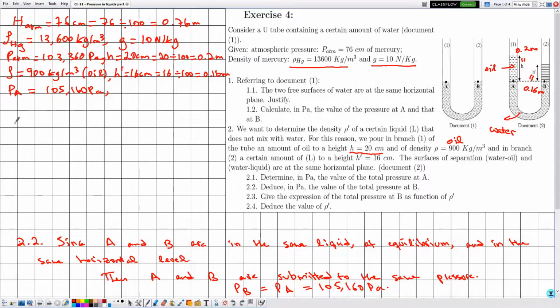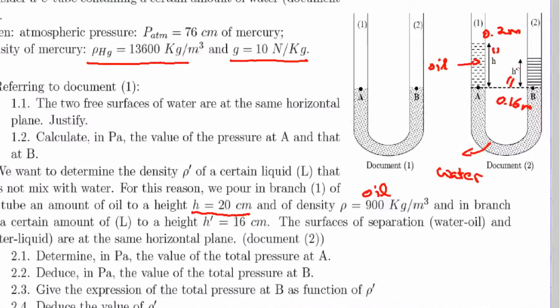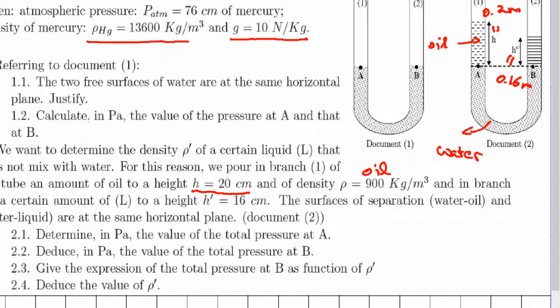Now in 2.3, give the expression of the total pressure at B as a function of rho prime. So we are interested in determining the pressure at B, the total pressure at the point B. Since we are interested in determining the pressure, from the point B we look upward, and we notice that the point B is submitted to two pressures: the pressure due to this liquid, which is liquid L, and the atmospheric pressure.